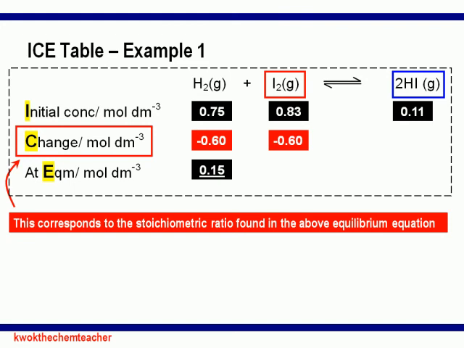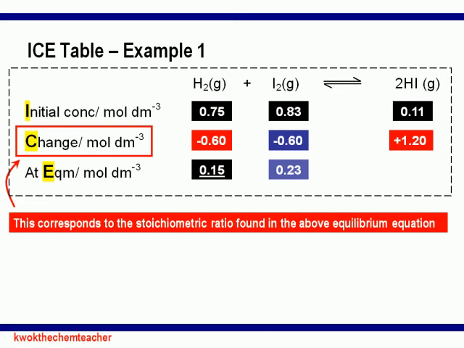I've lost 0.6 mole per dm cube of hydrogen. Therefore, I will also lose the same 0.6 mole per dm cube for iodine. However, since the mole ratio of hydrogen and hydrogen iodide is 1:2, the change will be an increase of 1.20 mole per dm cube.